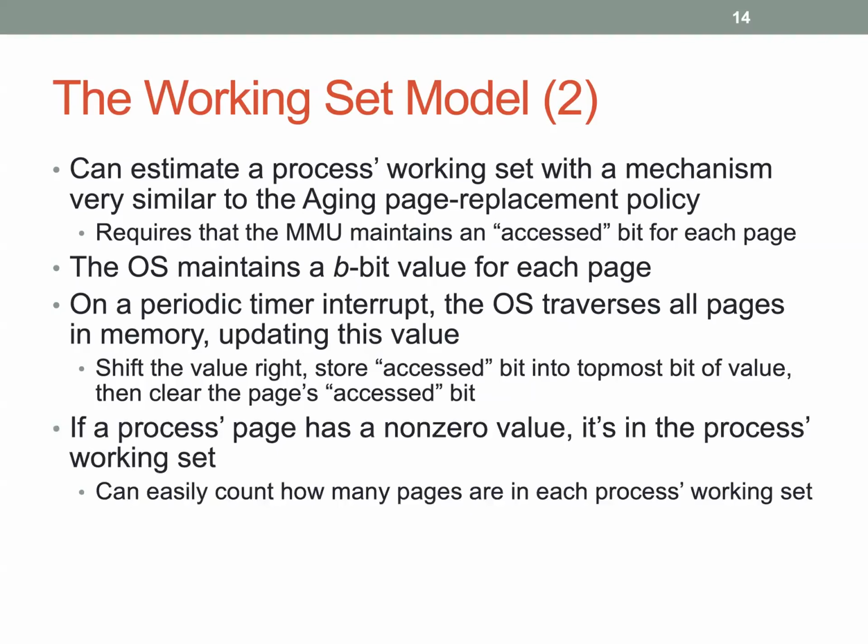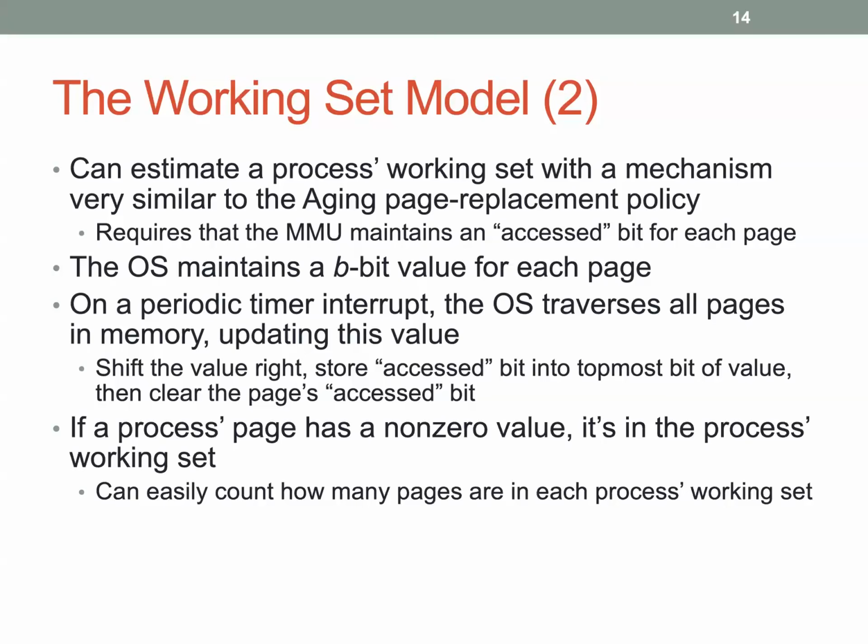And we just say if the process's page has a non-zero age, we consider it to be in the working set. If it has a 0 age, we consider it to not be in the working set. So whatever B is, times the timer interval that we use to update the age, the product of those two things gives you the size of your window.